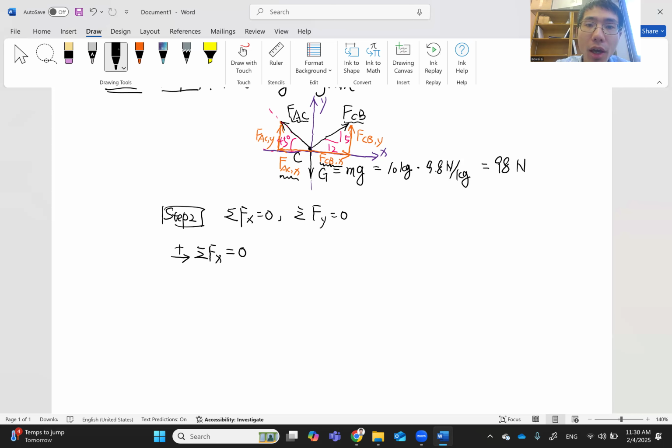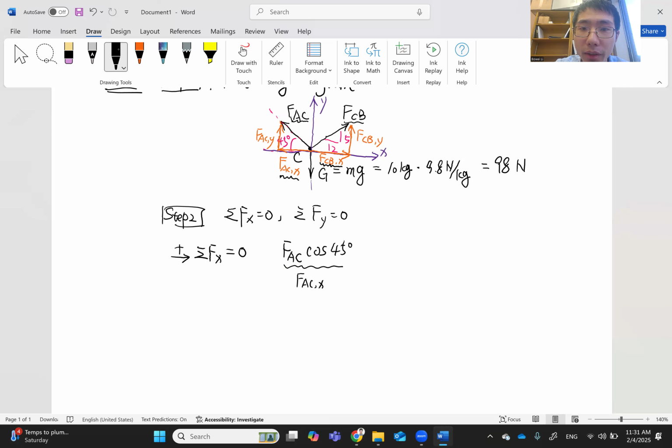And what is the hypotenuse here? The hypotenuse is exactly the magnitude of FAC, but we don't know the magnitude here. It is the unknown. We denote it to be FAC. The magnitude of FAC times cosine of 45 degrees. This is our FACX, but it is not complete.